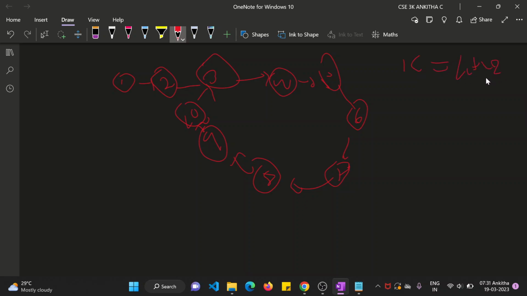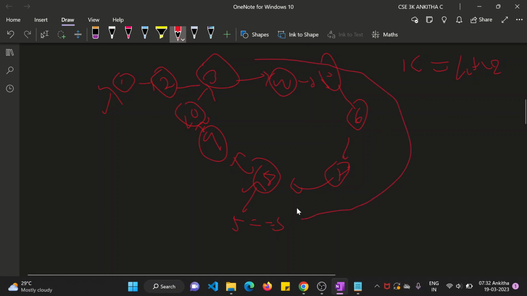We have got the result. So here where faster equal to slower happened, from this point, this total length is L2, and from here to here it is L1. So this is L2 and this is L1.